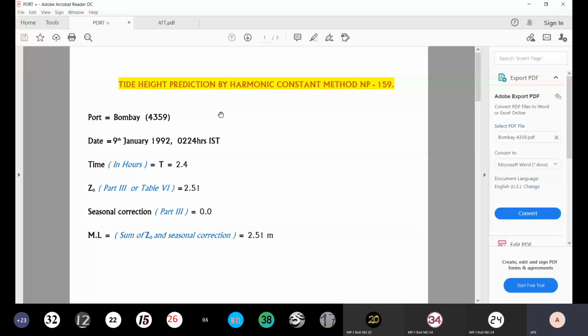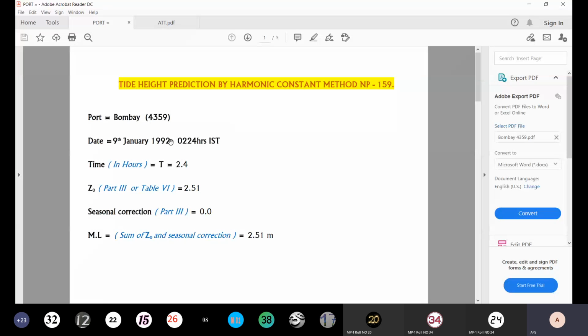Date, you put down 9th January. This is given in the question paper, 9th January 1992, and calculate the height of tide for 0224 Indian Standard Time. If it is given in UTC or GMT, immediately convert it to Standard Time, because you can only calculate for the Standard Time. Later on, if you want, you can change to UTC.